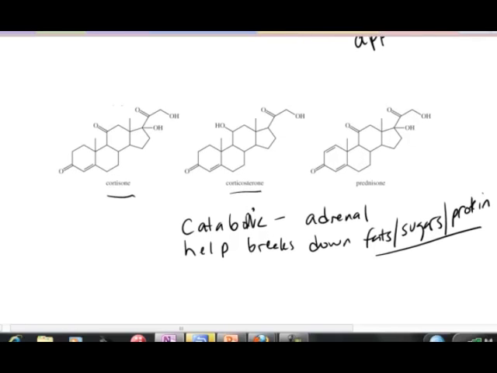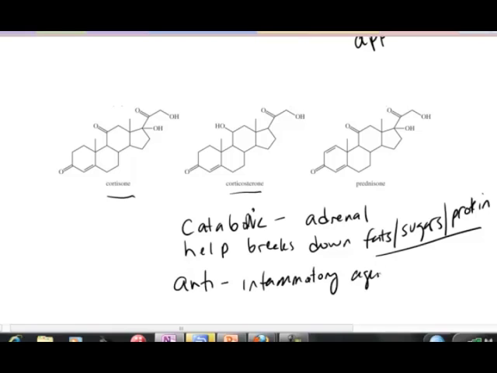All right, and so, however, there's a secondary effect other than that, and that is that these particular steroids are actually good anti-inflammatory agents. Okay, anti-inflammatory agents. All right, we've talked about anti-inflammatory agents before when we were talking about the analgesics like aspirin, ibuprofen, and whatnot.